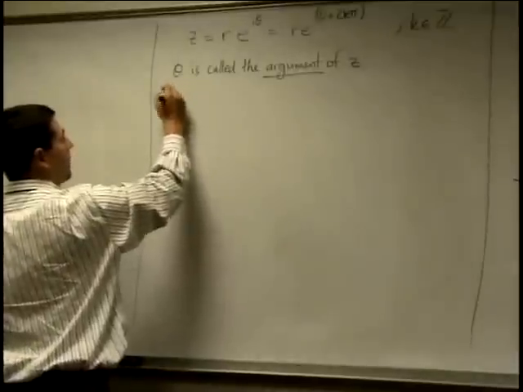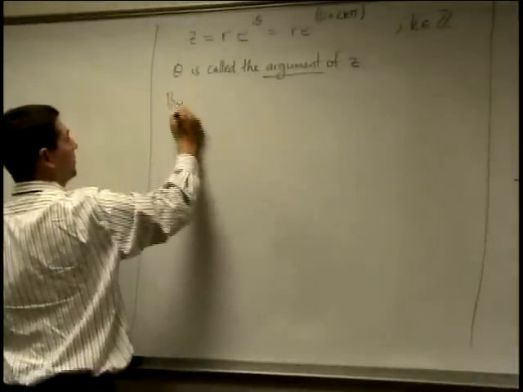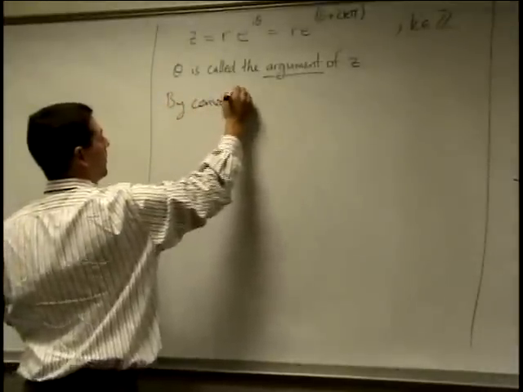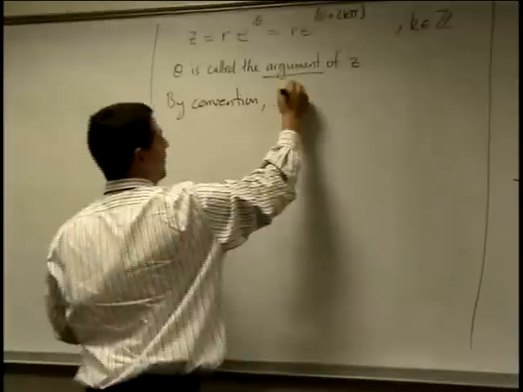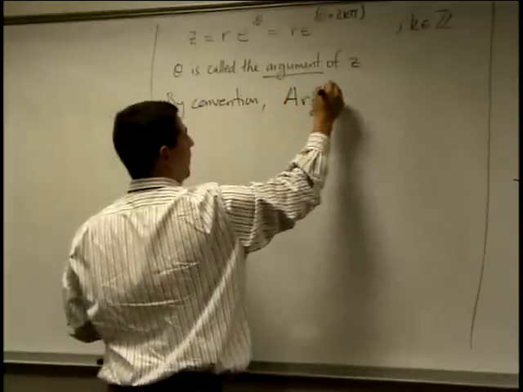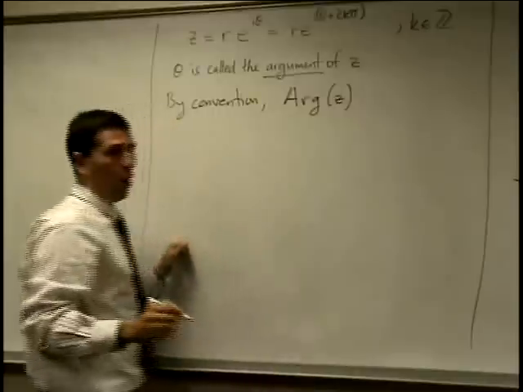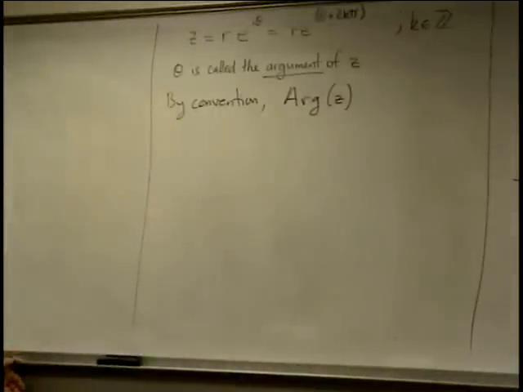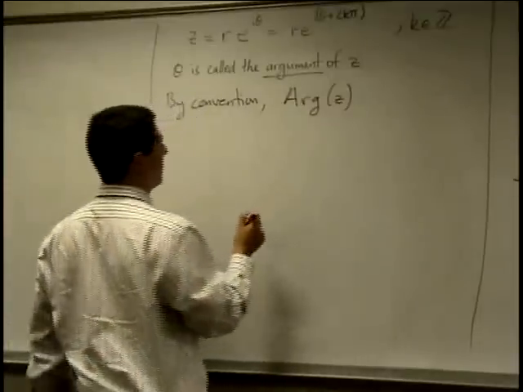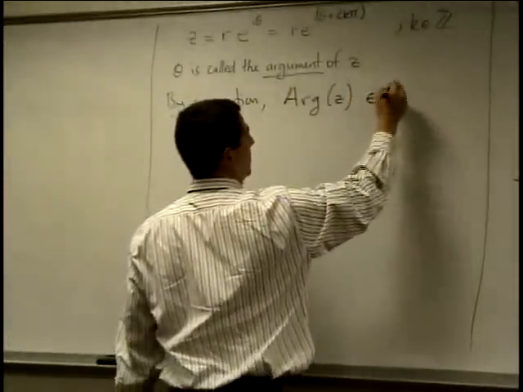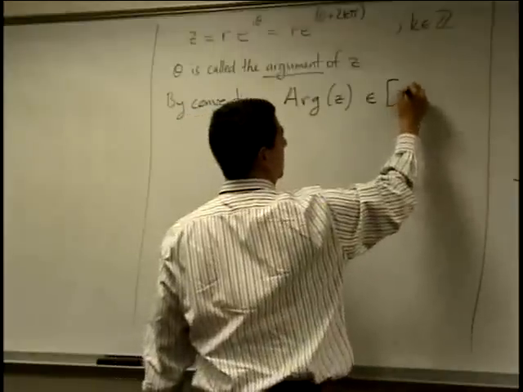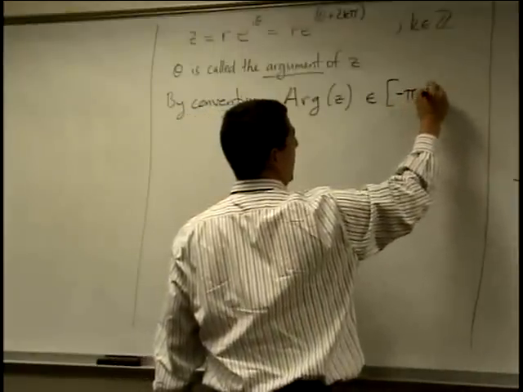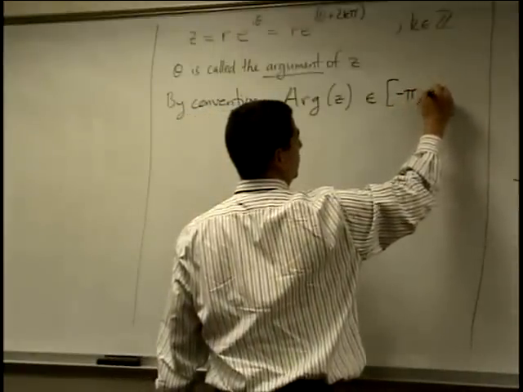And by convention, we can define arg of z in the interval minus pi to pi.